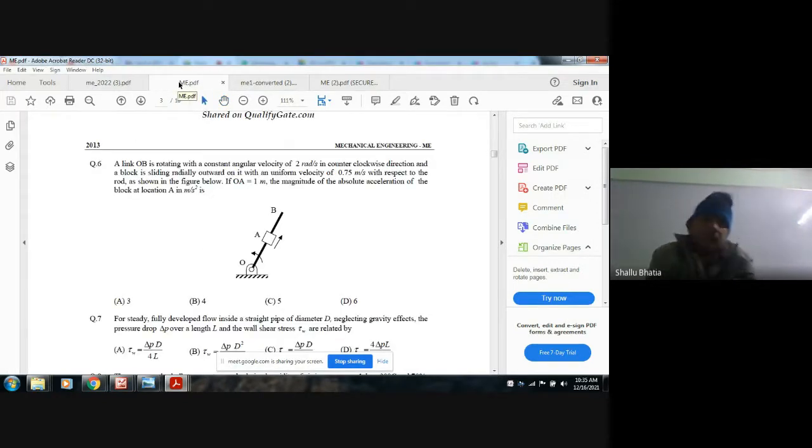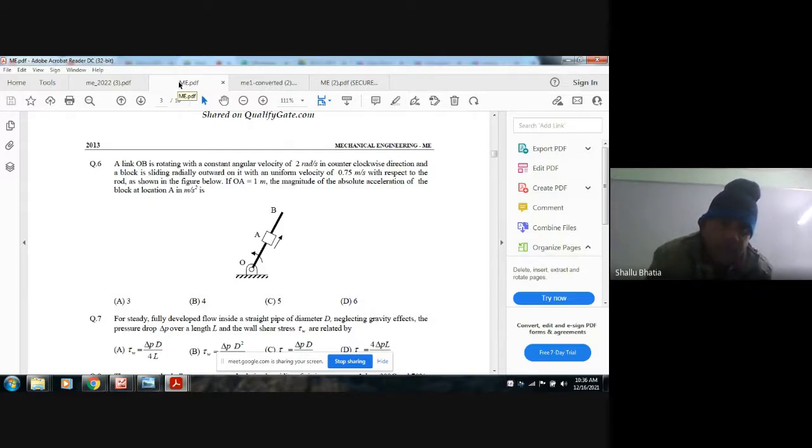A link OB is rotating with a constant angular velocity of 2 radians per second in the counterclockwise direction. A block is sliding radially outwards on it with a uniform velocity of 0.75 meter per second with respect to the rod, as shown in the figure below.